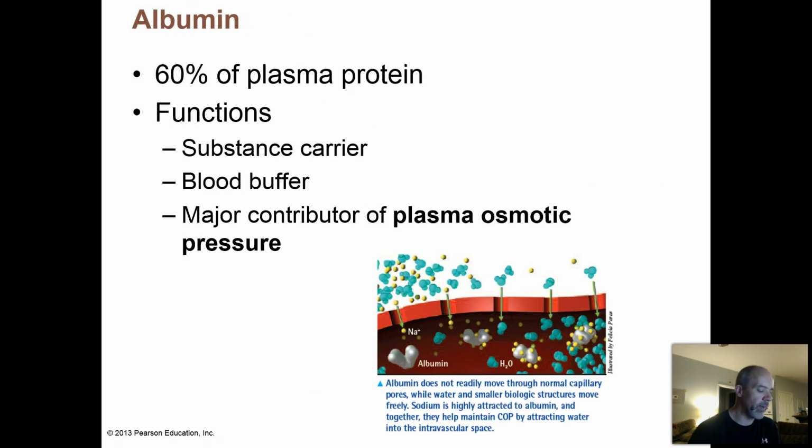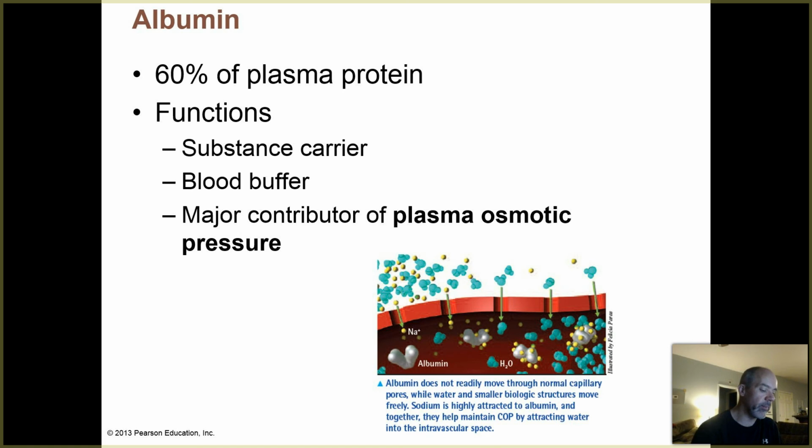Here is a little bit more about albumin. About 60% of your plasma proteins are albumins, and they carry substances from one location to another. There are some things that don't dissolve well in your plasma, so albumins can bind those and transport them throughout the body.